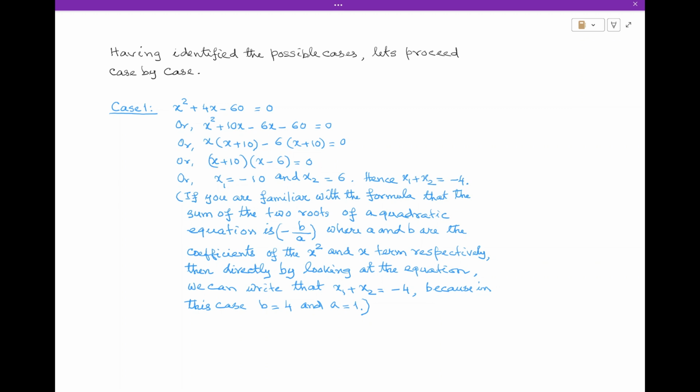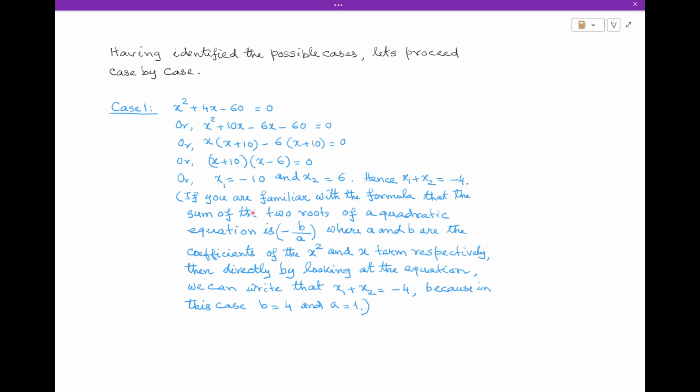Therefore, we will have two solutions. Let us call them x1 and x2, where x1 is equal to −10 and x2 is equal to 6. Therefore, x1 + x2 will be −10 + 6, which is equal to −4.